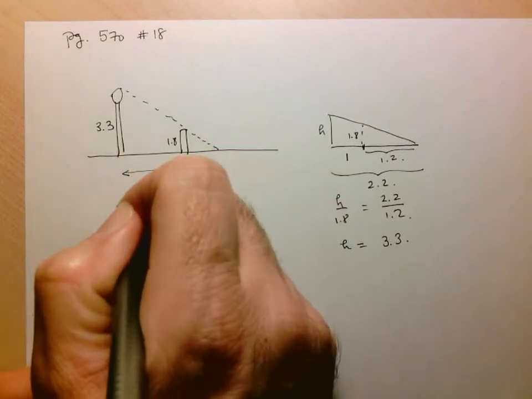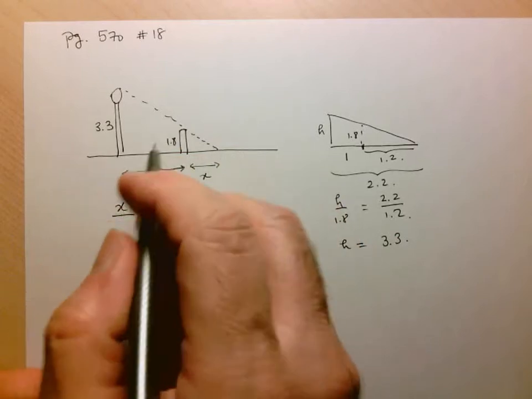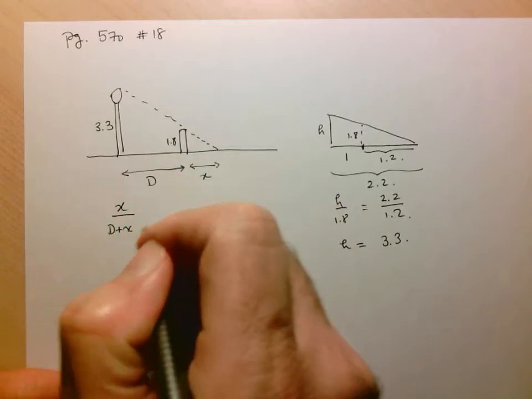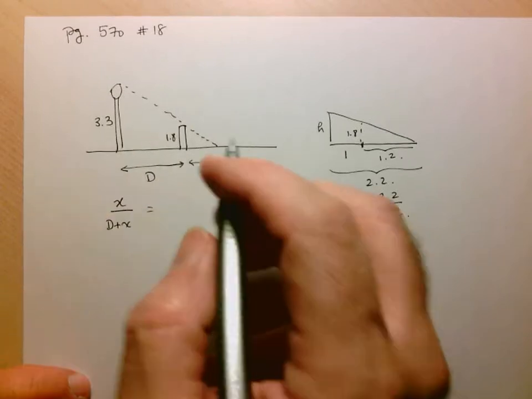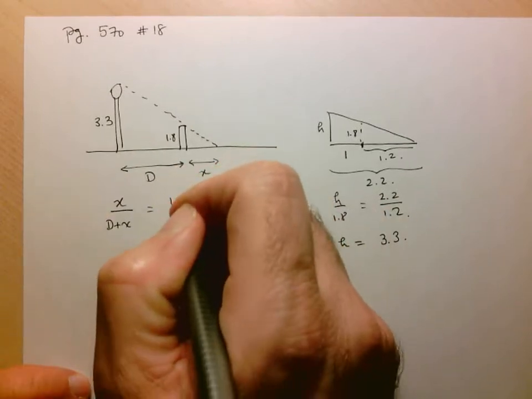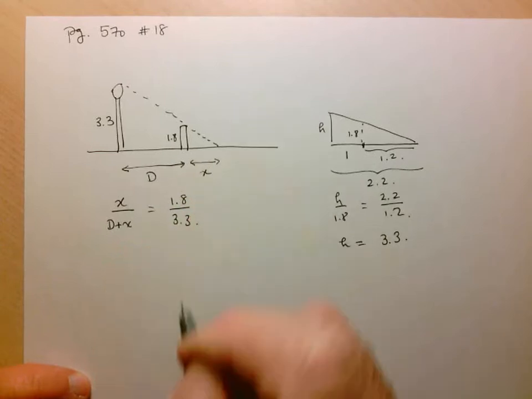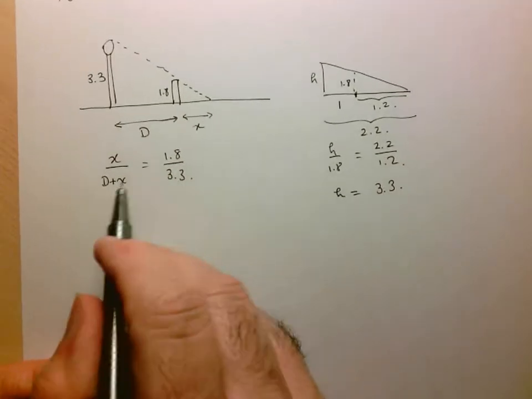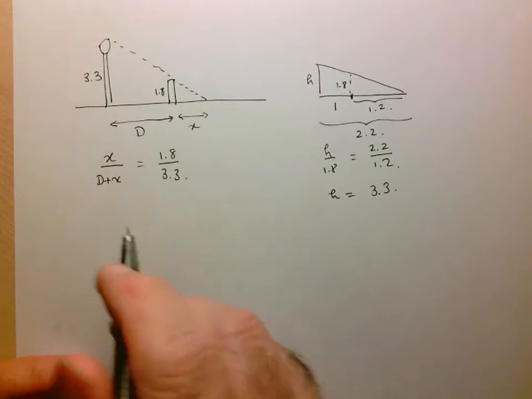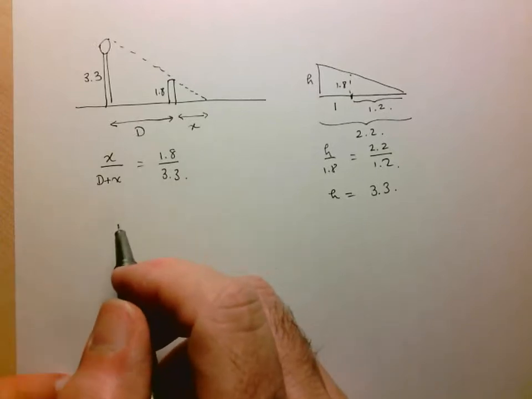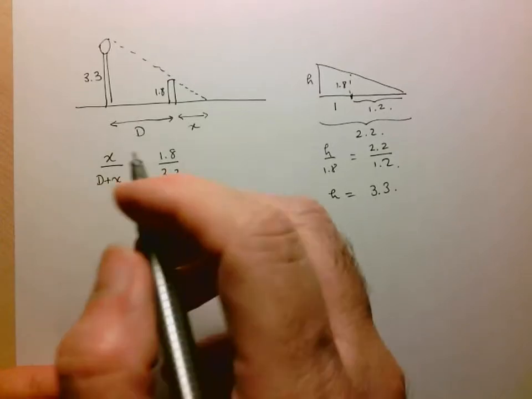So I have x divided by, and as we said, this whole length is d plus x, is equal to the ratio of those two corresponding sides, which is 1.8 over 3.3. And I actually have quite a simple relationship that connects these two variables. So let's do a bit of rearranging here before I take a derivative.